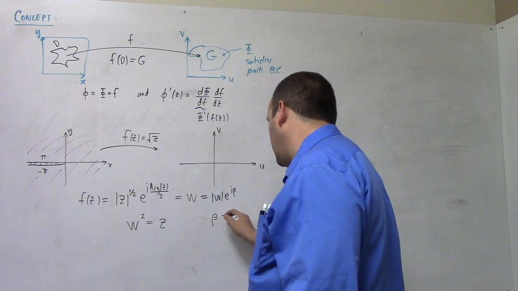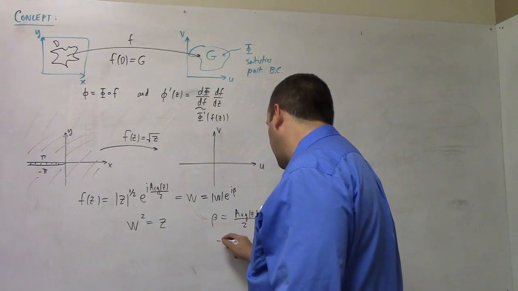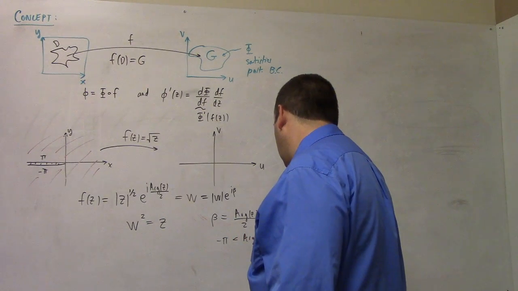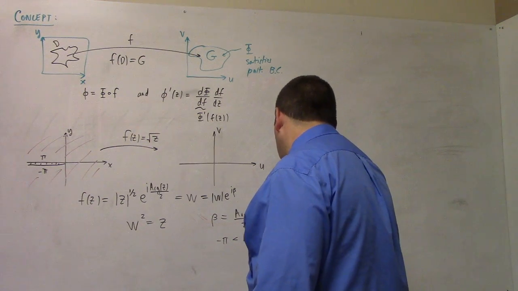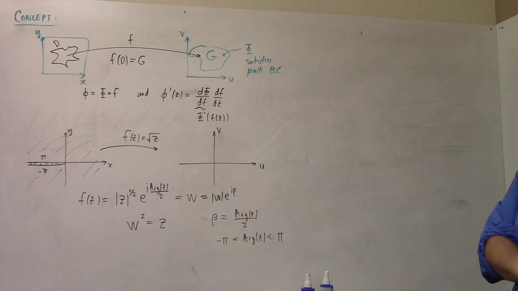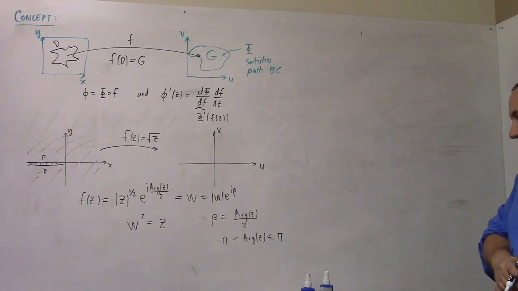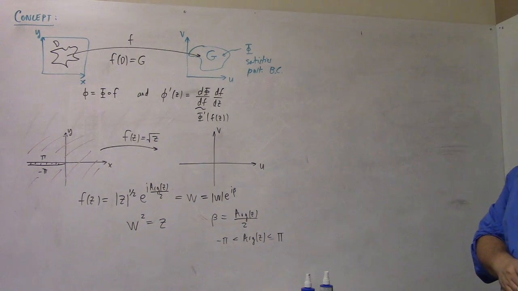Beta is equal to arg z over 2. By definition, minus pi less than arg z less than or equal to pi. But let's just say less than pi, because I want a differentiable function; including the equality gives a discontinuity. Divide by 2, what do you get?